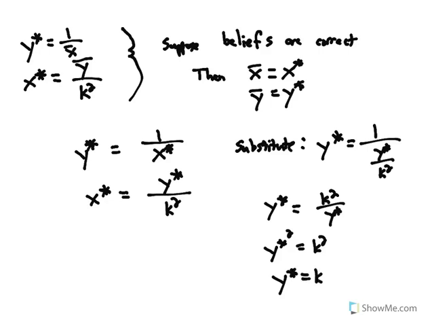So in our equilibrium, when each player knows each other's best response functions and assumes that the best response functions are being played, so that they're going to be correct in their beliefs, we have that the optimal level of crime is simply equal to K.